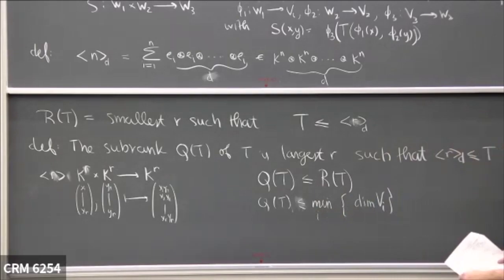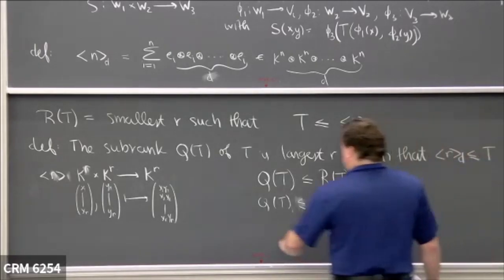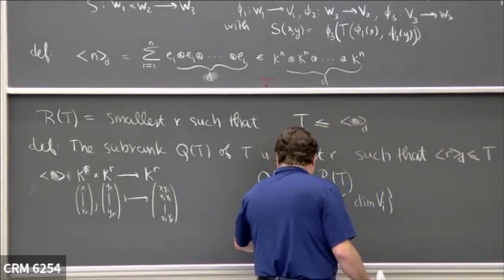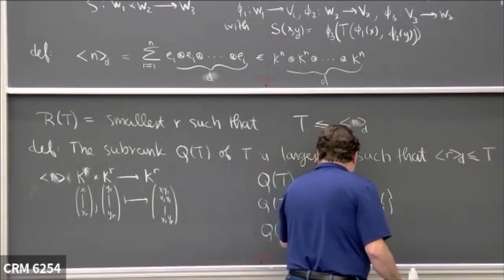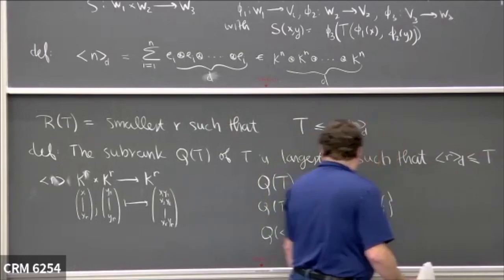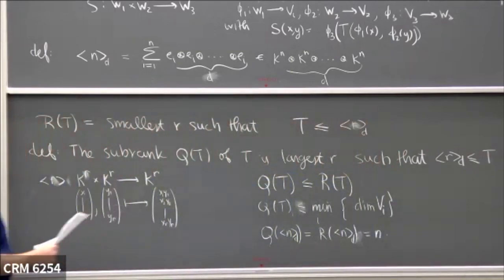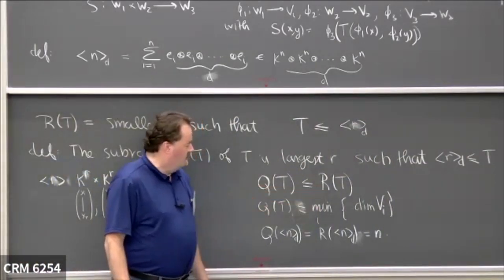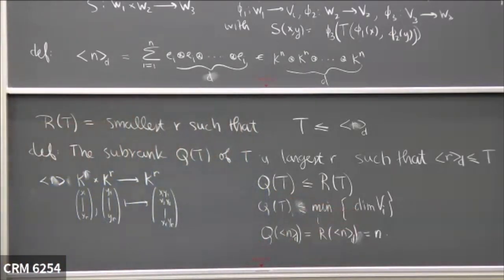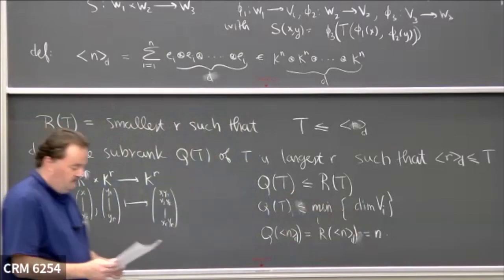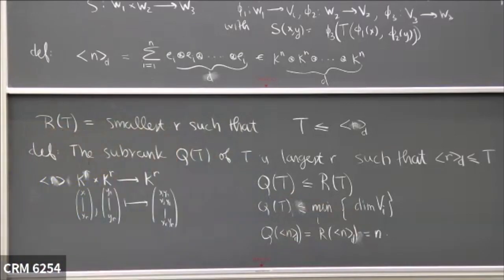The subrank of this tensor is the same as its rank, equal to n. This is obvious, but the rank of a tensor can generally be much larger than the maximum of these dimensions. For example, an n by n by n tensor will have rank roughly n squared over 3 if you take a random tensor.